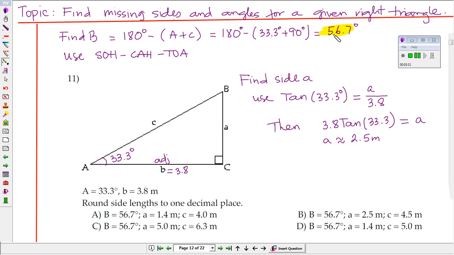So far we know the angle B and we know side A. Now we are going to use the Pythagorean theorem to find side C.